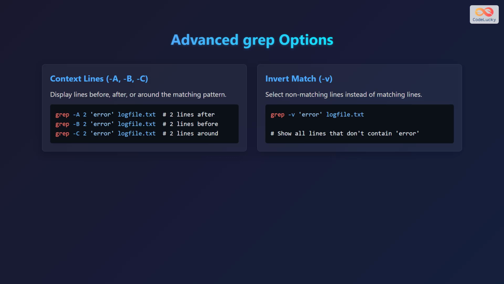For example, grep -A2 'error' logfile.txt will display the matching line and the two lines following it. The -v option inverts the match, selecting non-matching lines instead of the matching lines. For example, grep -v 'error' logfile.txt will output all lines from logfile.txt that do not contain the word error.